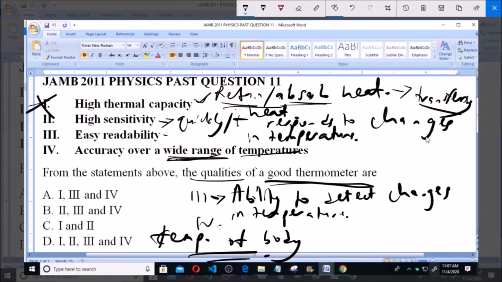So it is not a quality. But for high sensitivity, a good thermometer should be able to respond to changes in temperature. It should be easy to read. You should be able to detect the changes in temperature, and you should also be able to accurately record temperature over a wide range. So that is 2, 3, and 4. 2, 3, and 4 is option B. So option B is the correct answer to this question.